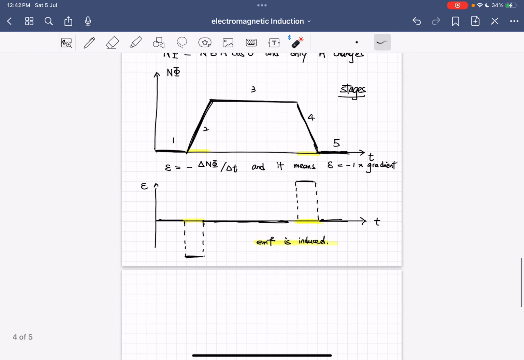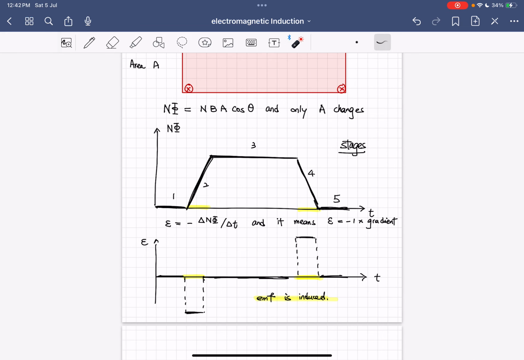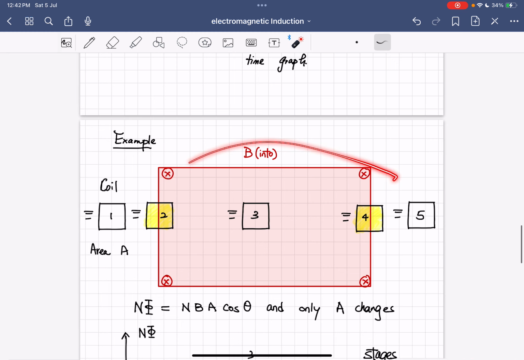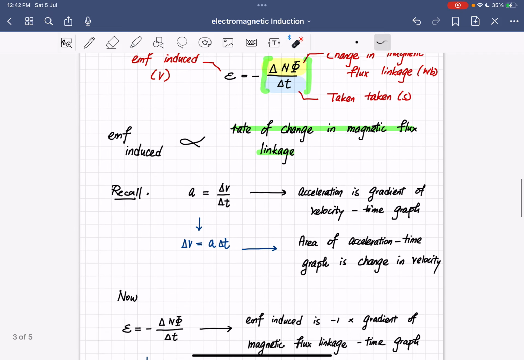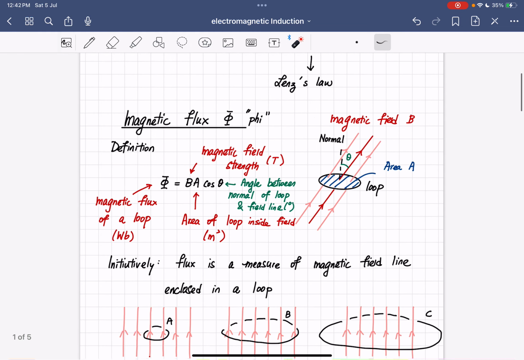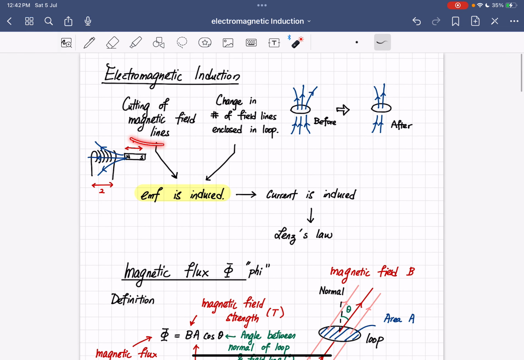But before we stop, I want you to think about referring to this case or the situation we also covered in the lecture. Is this the same as what we found in the past? Previously, before we learned any mathematics, we said that if there is a cutting of magnetic field lines, then there will be EMF induced.